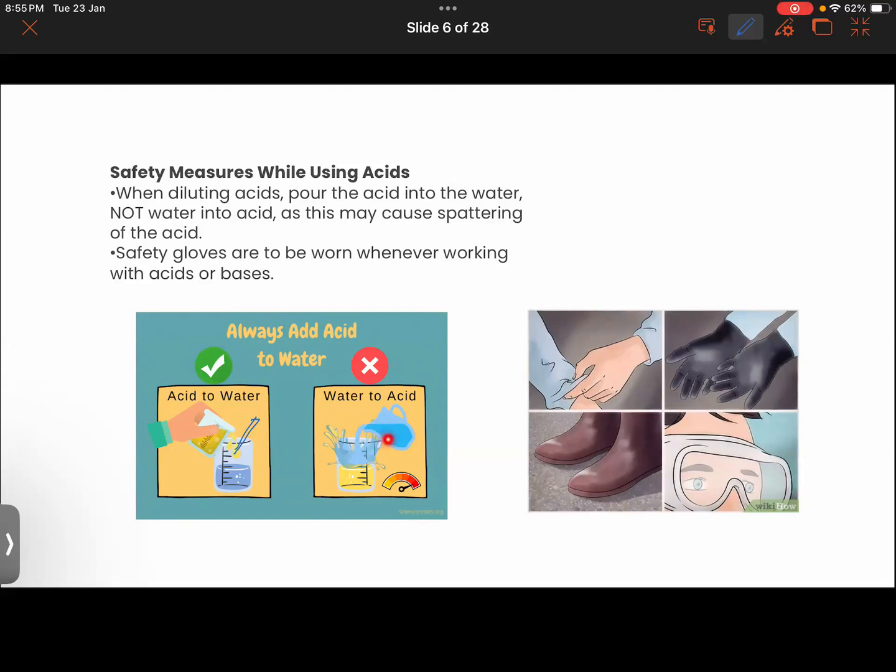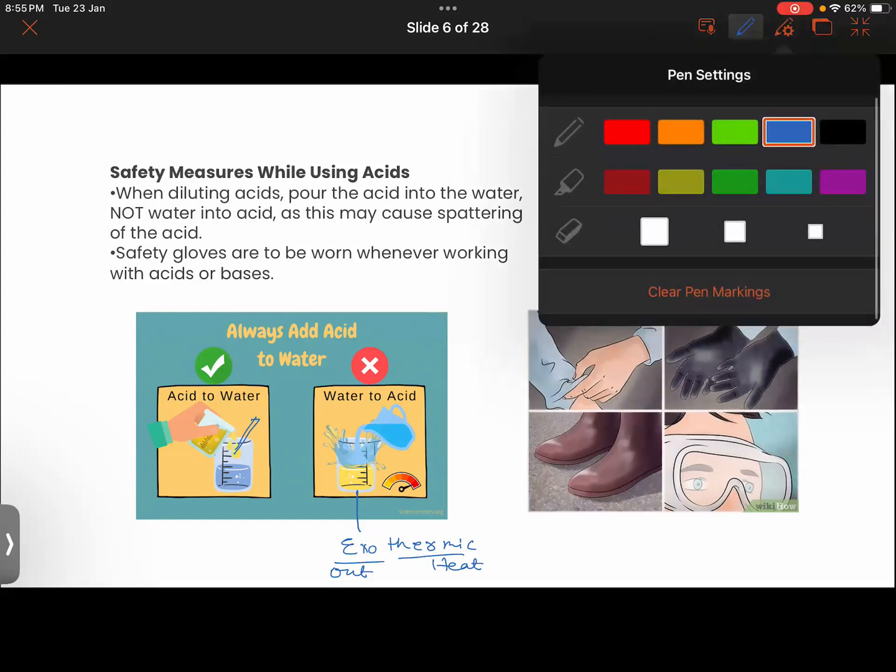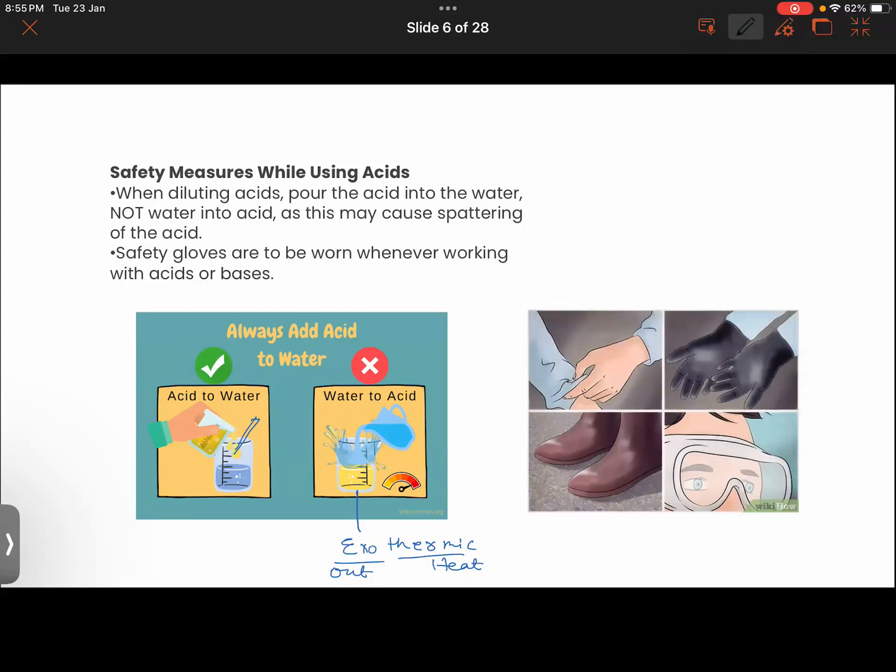You won't be adding water directly to the acid, because that will be an exothermic reaction. Exo means something that is released out, thermic refers to heat. So heat will be liberated in a good amount here. That's why we don't do it.